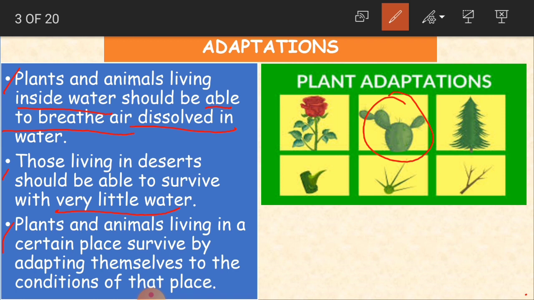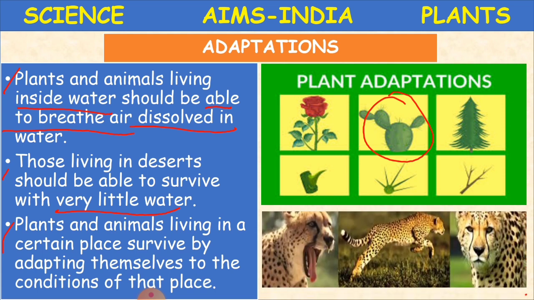Wherever they live, they make themselves fit to that environment and climate condition. This process is known as adaptation. Adaptation is nothing but making themselves able to live in particular climatic conditions, not only plants but any living thing, be it an animal, a human being or a plant.